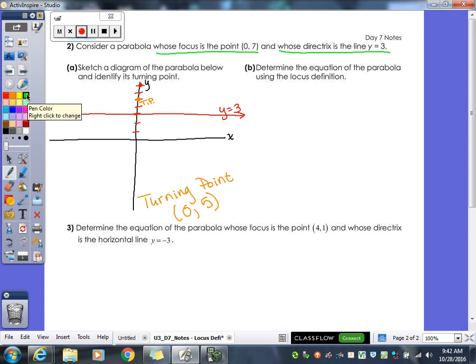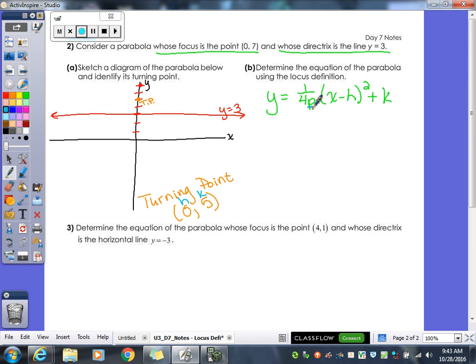And then part B, determine the equation of the parabola using the locus definition. Keeping in mind our locus definition is y equals 1 over 4p times (x minus h) squared plus k. So we need to know those 3 things. Based on my turning point over here, I have my h and my k.